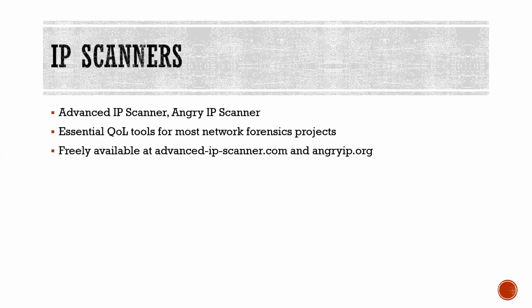IP scanners are the next big tool. Advanced IP Scanner and Angry IP Scanner are the two most important in this regard. They're both free. I know at least Angry IP Scanner is open source.